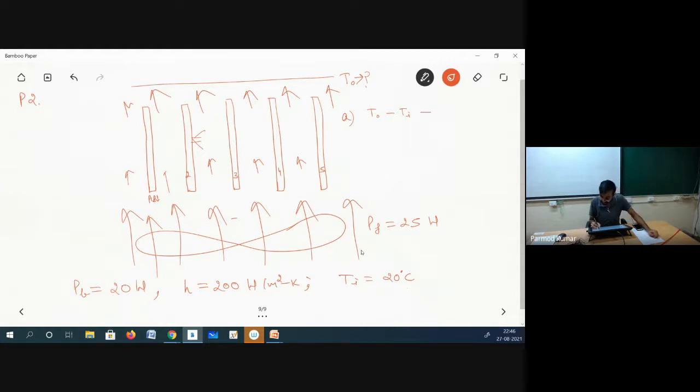So if I take the limiting case that T0 minus Ti is 15 degrees Celsius, under that condition I have to predict how much the volumetric flow rate of air should be. So we have to determine the volumetric flow rate of air. That is what we have to determine.